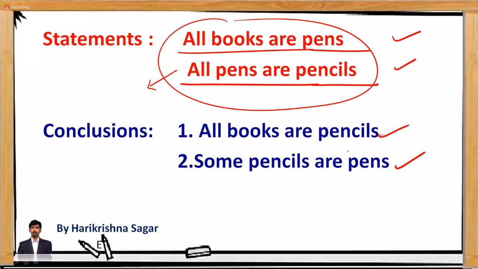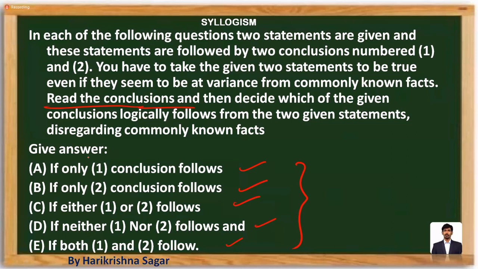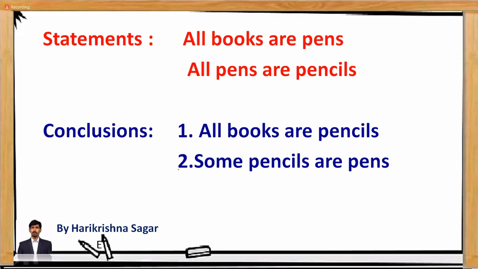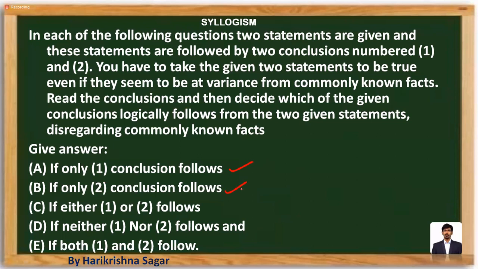By reading these conclusions, you have to decide which conclusion follows. If conclusion one follows, but two is not following, then you can mark the answer choice as only conclusion one follows. If after reading the conclusions you realize that only conclusion 2 follows, then you can mark the answer choice as option B, only conclusion 2 follows.